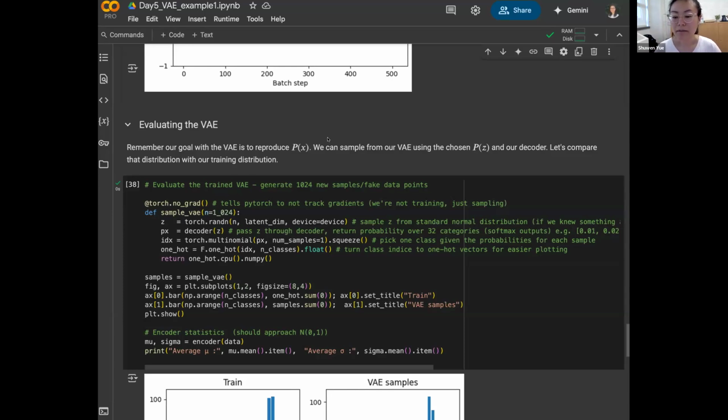So here, because we have a categorical synthetic data set anyways, we're simply going to sample the same number of data points we started with, 1024, but just a bunch of random numbers.